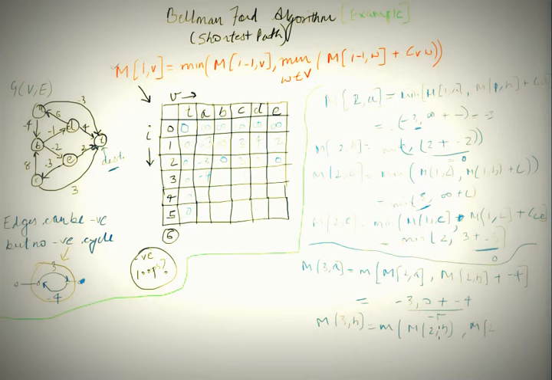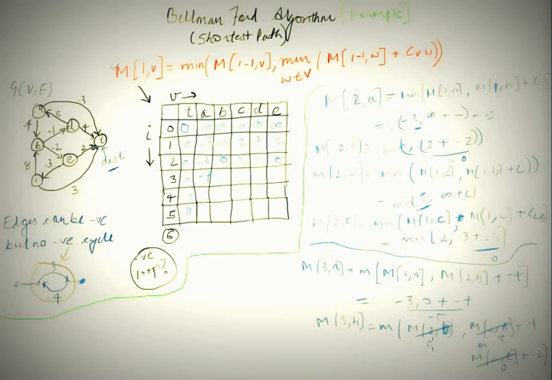So it's either M(2, B), or M(2, D) plus the cost of B to D, which is -1, or M(2, E) plus the cost BE, -2. M(2, B) is 0, M(2, D) is 3, and M(2, E) is 0.